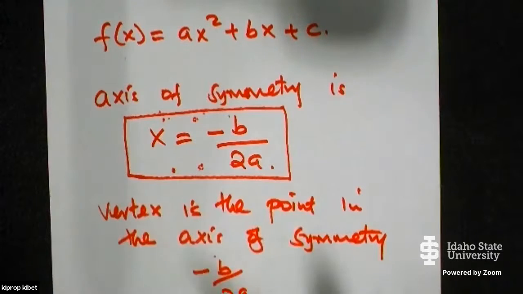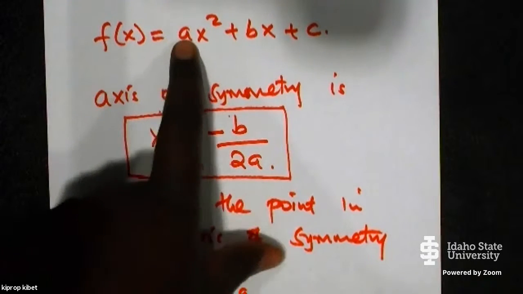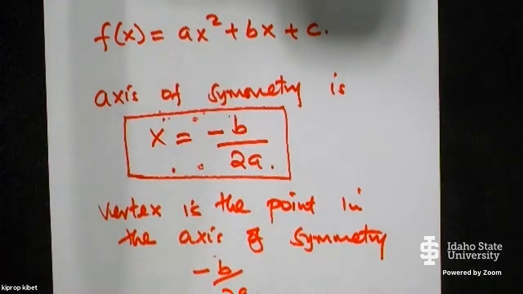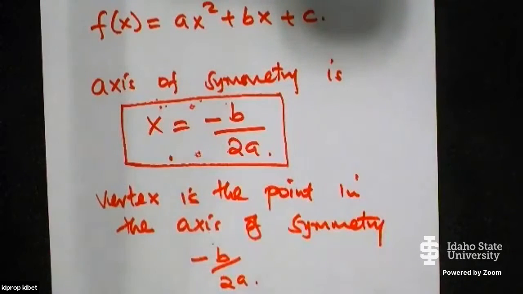So what is that point when x is equal to minus b all over 2a? You substitute this value of x into the function so that you get that point. The y coordinate of the vertex is found by substituting x equals minus b over 2a into the quadratic equation.